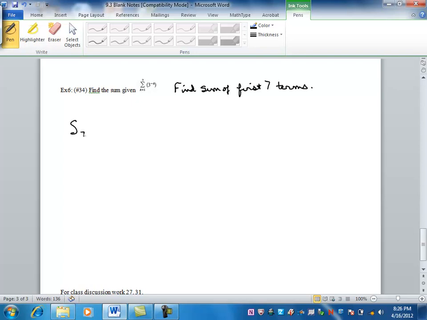And so the sum of the first 7 is our first term, which, note, a sub 1 is going to be 3 to the negative 1, or 1/3. So this is going to be 1/3 times 1 minus the ratio to the 7th power divided by 1 minus the ratio.